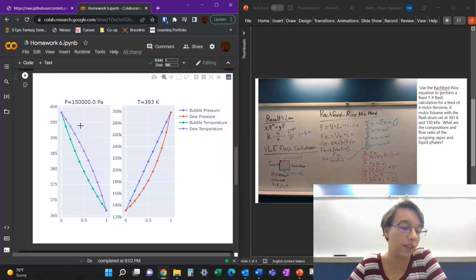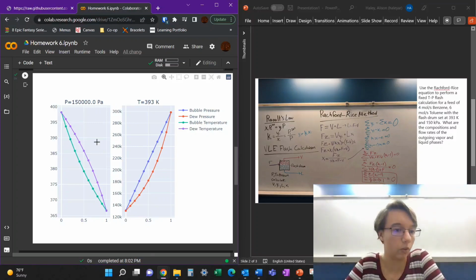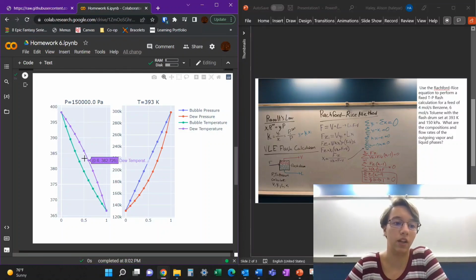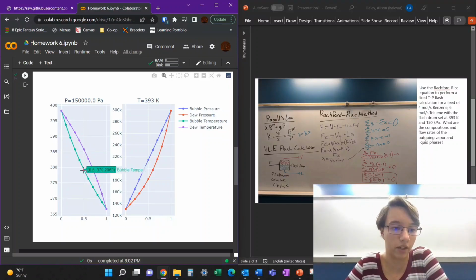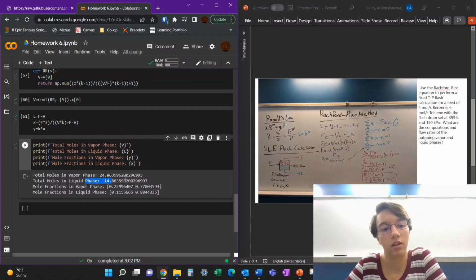So this is purely in the vapor region. The Rachford-Rice equation is really only going to work if you're inside between these two lines, because it relies on our feed splitting into a vapor and a liquid phase. If we're not in this region, we're not going to have both a vapor and a liquid. And if we're above this region, as we are in this calculation, we're going to only have vapor. And so that's why it's giving us a negative value for our liquid.